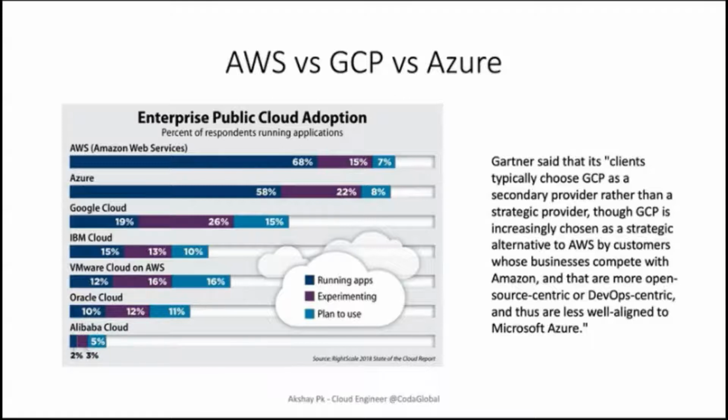So he has mentioned that clients typically choose GCP as a secondary provider rather than a strategic provider, though GCP is increasingly chosen as a strategic alternative to AWS by customers whose businesses compete with Amazon. And that AWS and Azure are more infrastructure or DevOps centric, whereas GCP is more along the lines of developer centric.